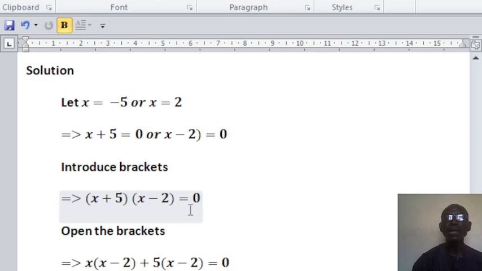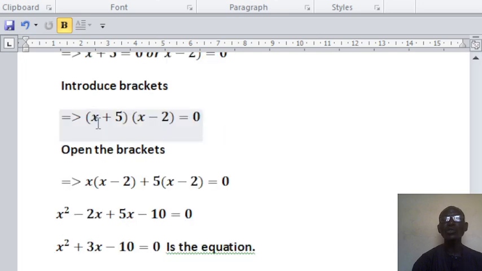You now proceed to do what? You now proceed to expand by opening your bracket. Use x to multiply x minus 2 here. The same thing, after you are done, you use plus 5 to also multiply whatever you have in this bracket. So let's do it.